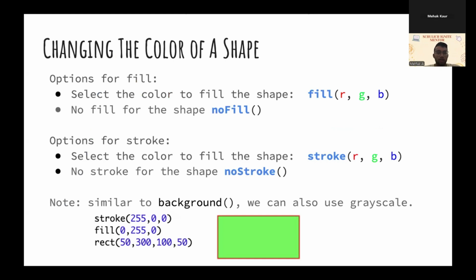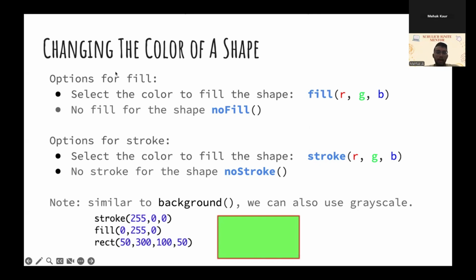Changing the colors of a shape, to fill a shape, is fill RGB. RGB is red, green, and blue. Yes, you'd need a single tab when you use these commands, because they're going to be inside of your setup or draw functions.